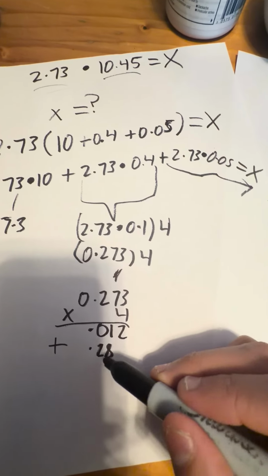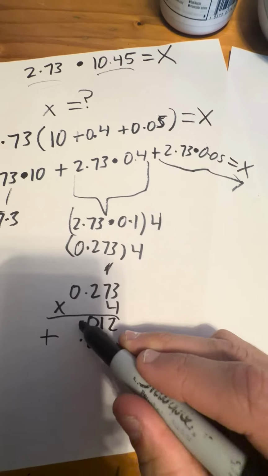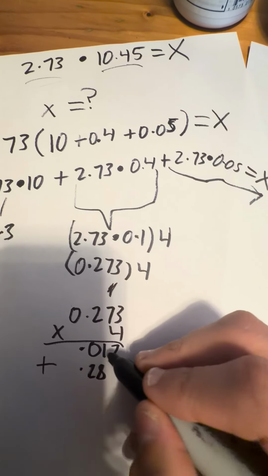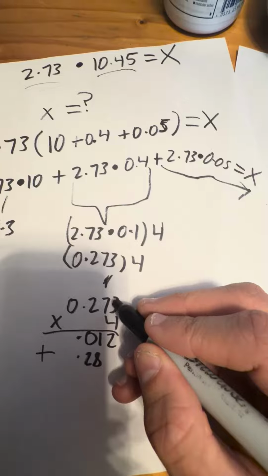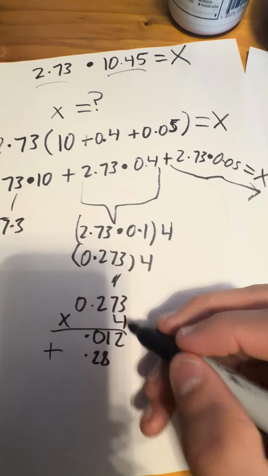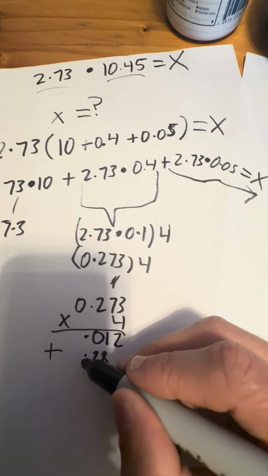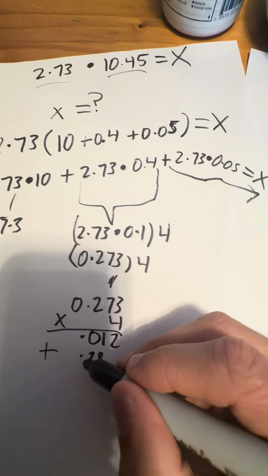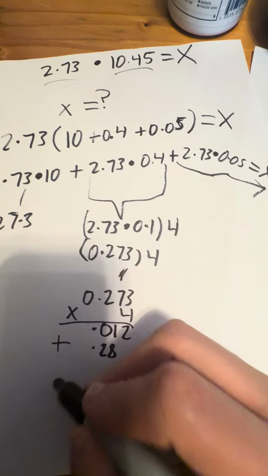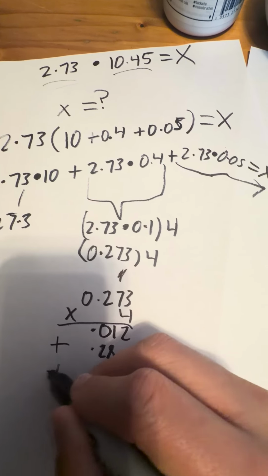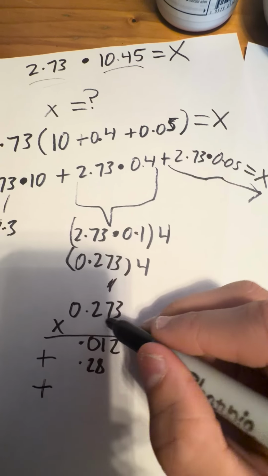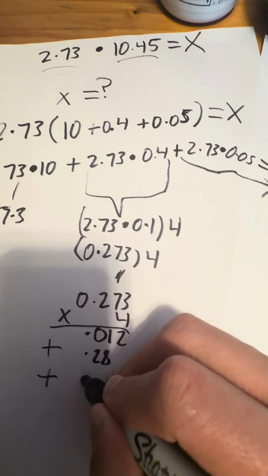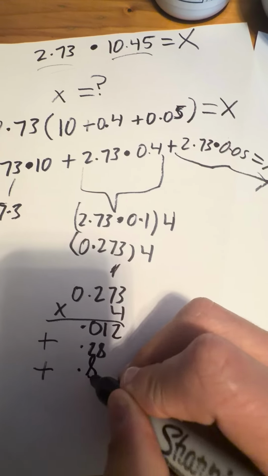I don't know the wording, but you could see where the point is. 0.012 is 4 times 0.003. And then 4 times 0.07 is 0.28. And then one more, 4 times 0.2 is 0.8.